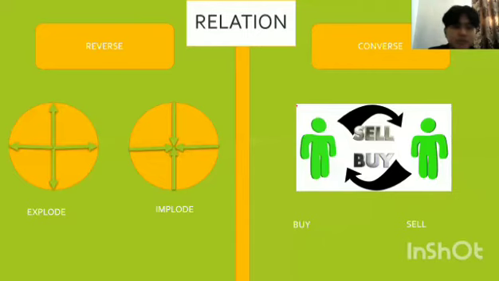The next slide is the relation. The relation is divided into two subcategories. The first one is reverse. Reverse antonyms are two words that have a reverse relationship. For the example, I take the words explode and implode. These two words have the same meaning, which is explosion, but the difference is the movement, the way of the explosion.